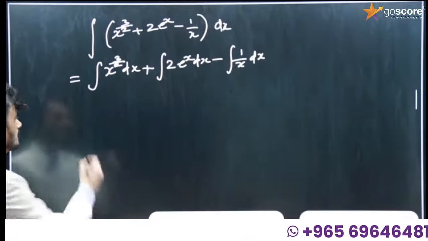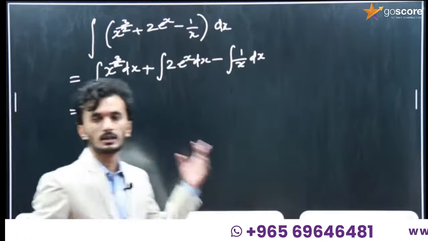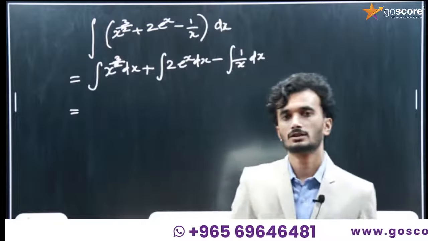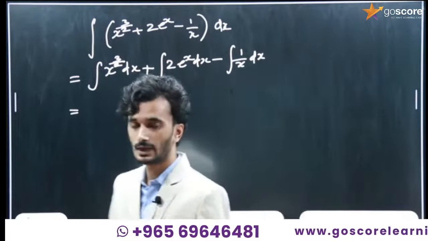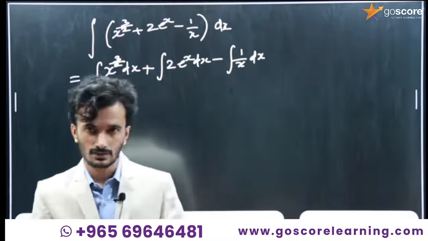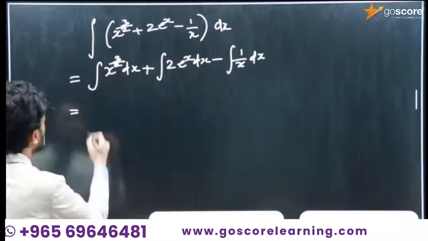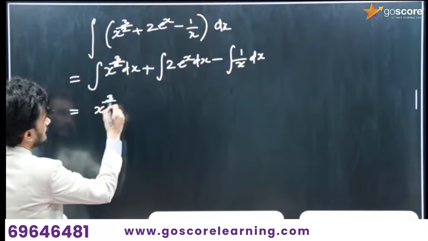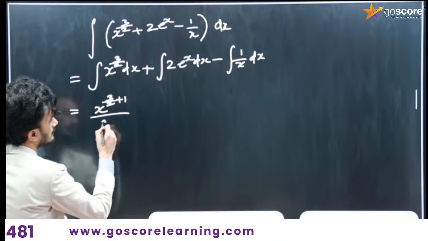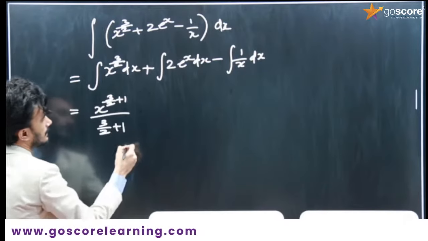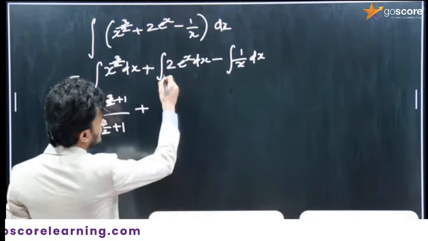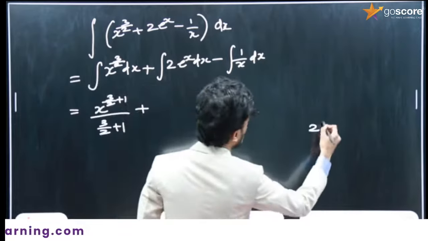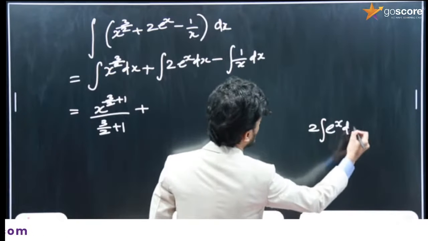Again, integration of x raised to 3 by 2. Integration of x raised to n is x raised to n plus 1 divided by n plus 1. So this one is equal to x raised to 3 by 2 plus 1 divided by 3 by 2 plus 1, plus 2 into the integral of e raised to x dx.